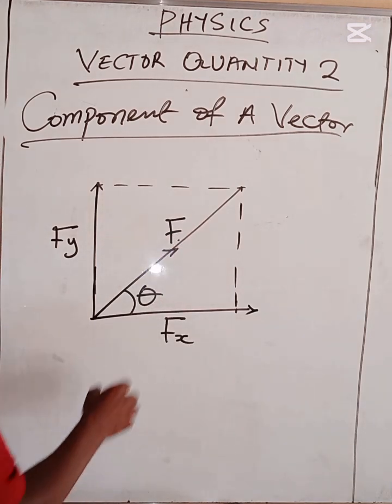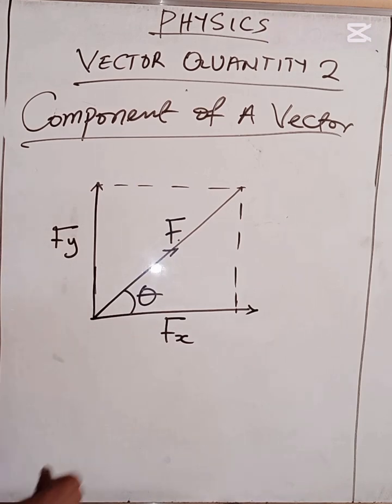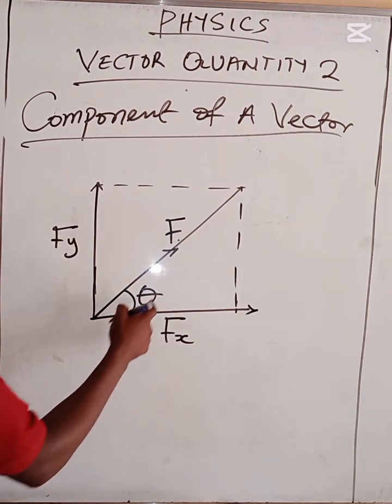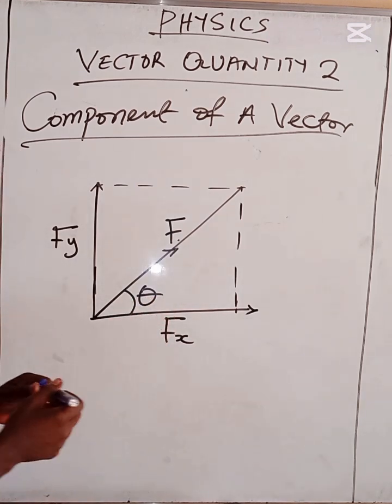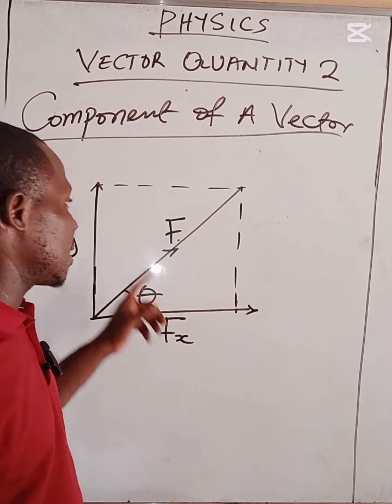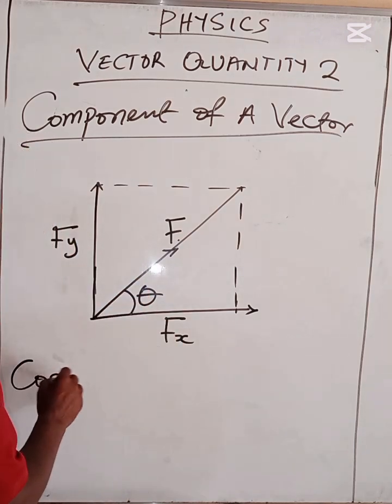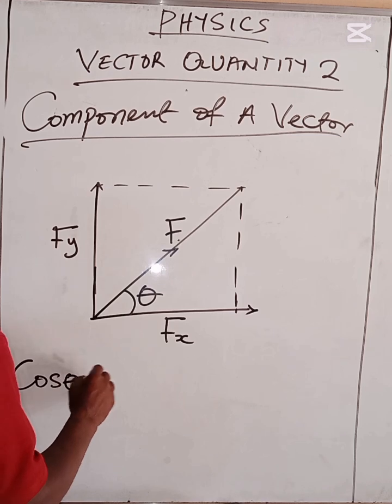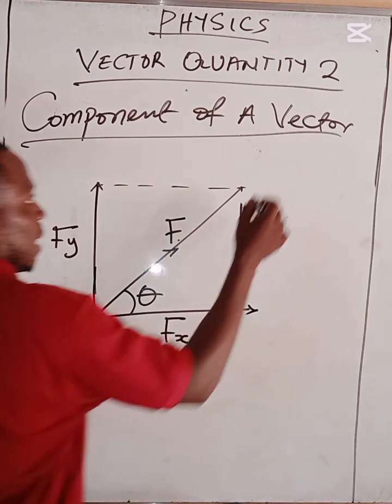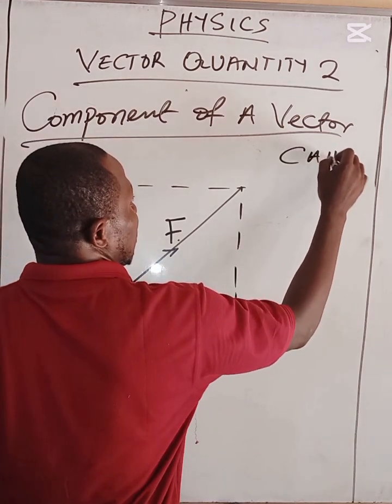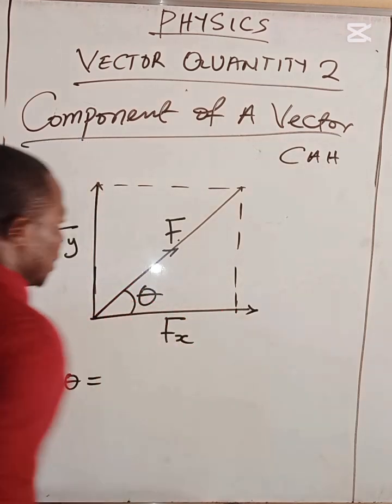If I'm looking for the value of this force in the Fx direction, I'm going to say cos theta. The side the angle is made with takes cos, the other side automatically takes sine. Of course, we know that cos theta is equal to adjacent over hypotenuse.